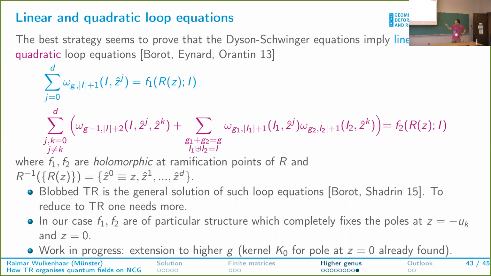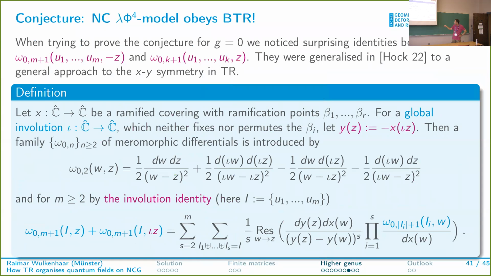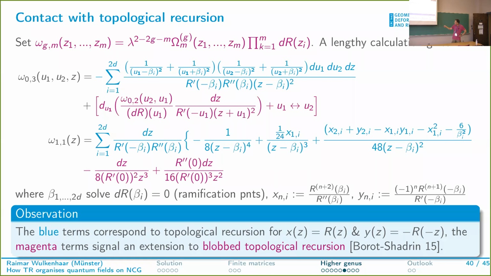But we would like to do more. From these explicit formulae, we not only get the pole at the ramification points, but we get all poles. If you know F1, F2, we get all. And this is the way you can also see that the second kernel appears. But now we are in a situation where we have more poles.